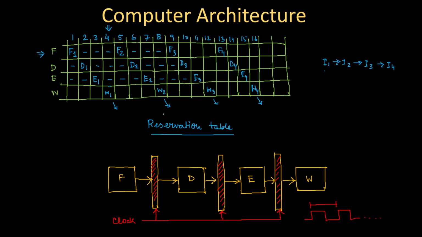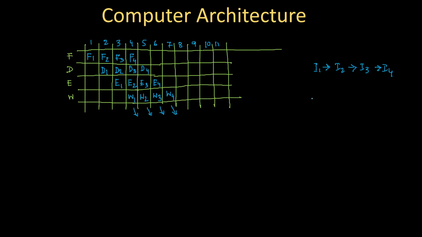If you take a numerical difference, there it needs 16 clock cycles to complete these 4 operations, but here I require only 7 clock cycles.